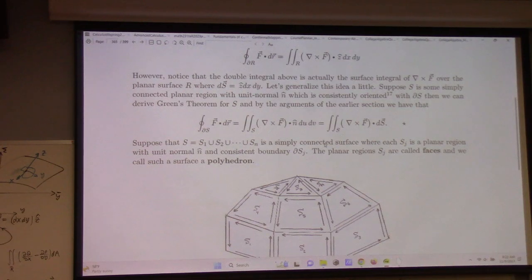Which is to say that what I'm really trying to say is I can meaningfully apply Green's theorem to an arbitrary planar region.